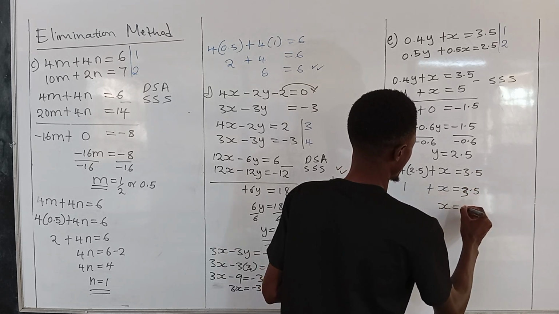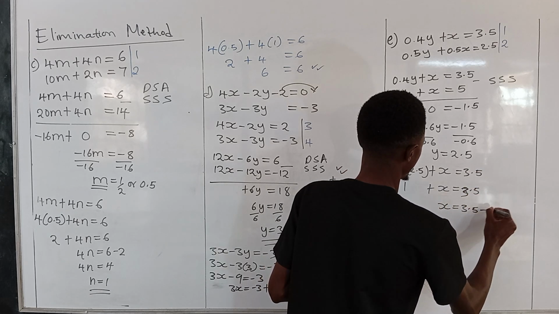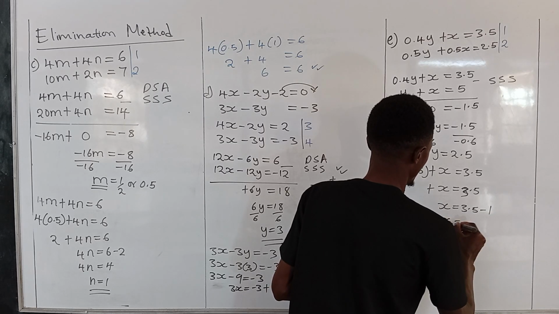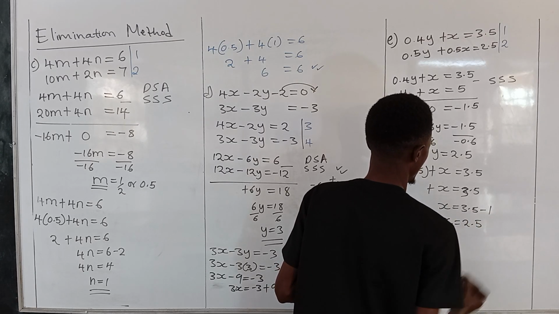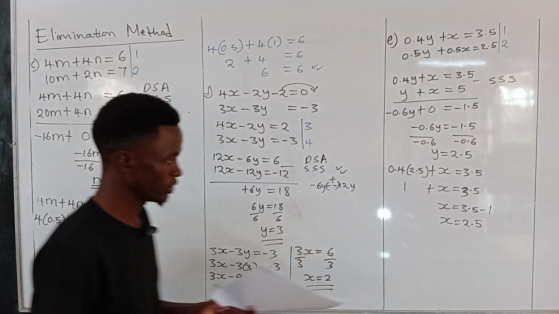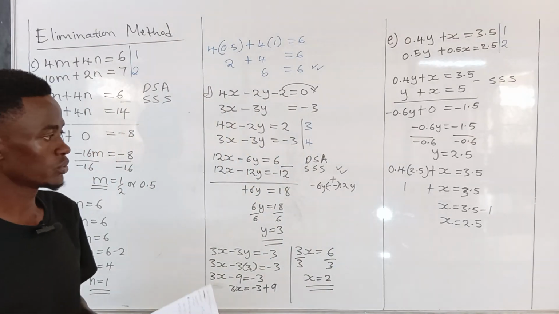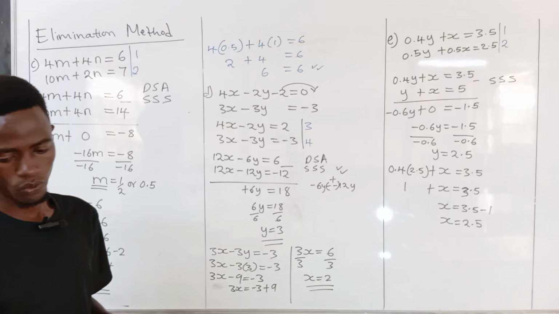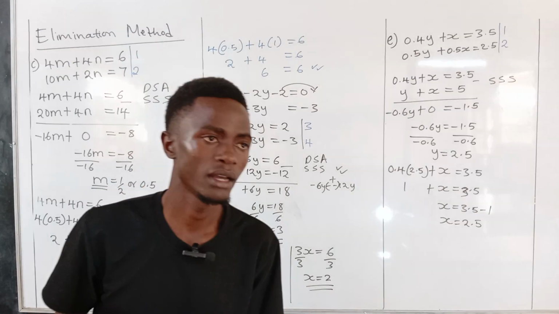So x is equal to 3.5 minus 1. Our value of x is going to be 2.5. And if you replace them in the equations, they are going to satisfy our equations.